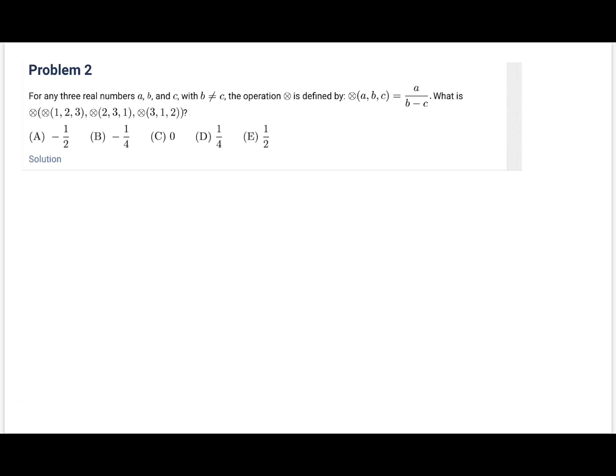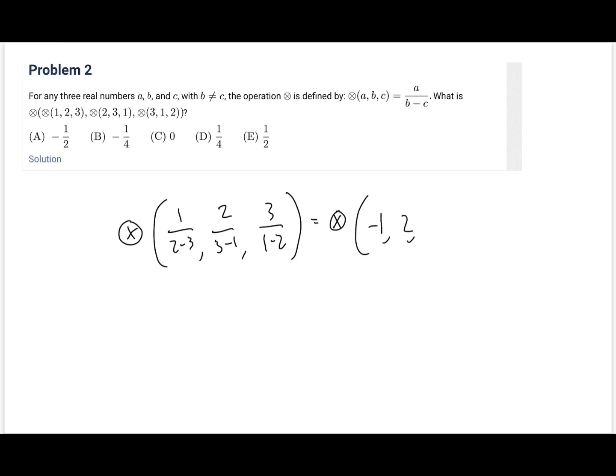Second problem, for any three real numbers a, b, and c with b not equal to c, the operation x is defined by x(a, b, c) equals a over b minus c. So this whole thing would be x of 1 over 2 minus 3, 2 over 3 minus 1, 3 over 1 minus 2. So this would be x of minus 1, 2, and minus 3.